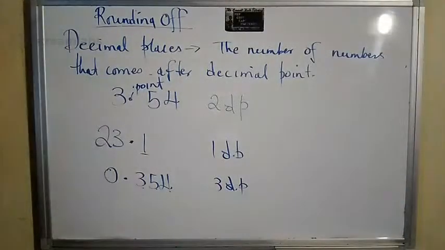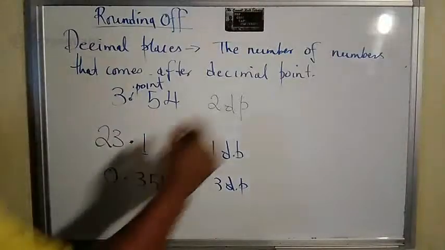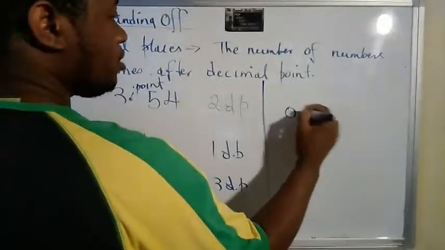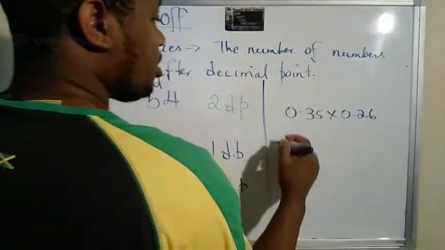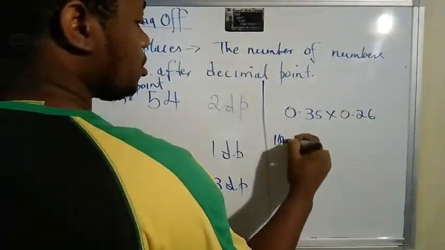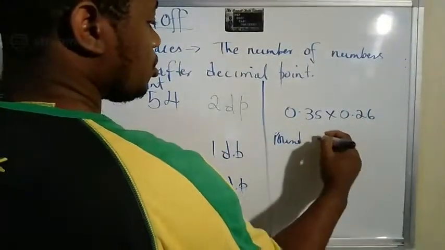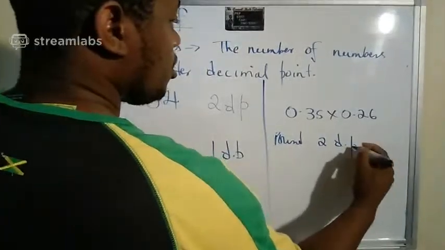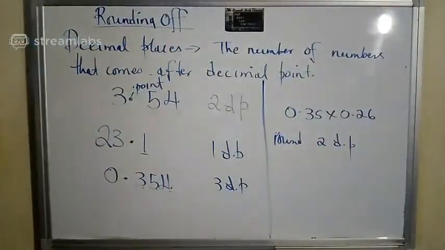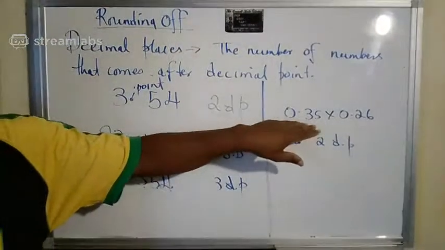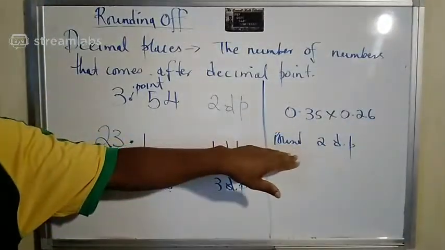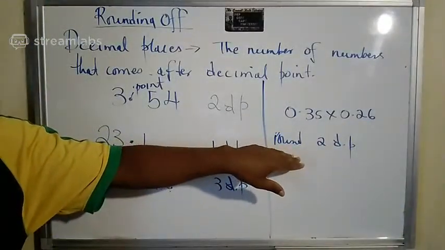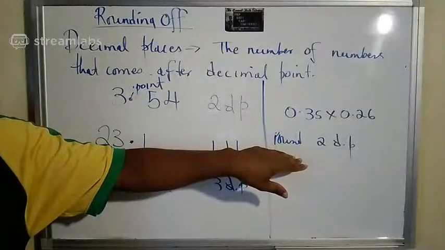Whenever they like, what CSEC likes to do is give you something like this. Let me say 0.35 times 0.26, and I'm asking you to round it to 2 decimal places. So what you have to do is find the product. You multiply 0.35 times 0.26, and then when you get your answer, you round it off to only 2 decimal places.